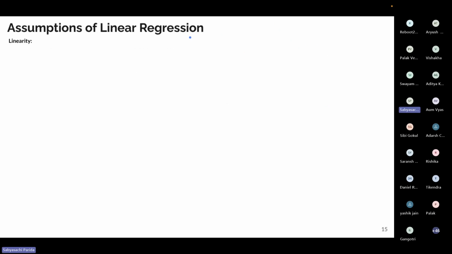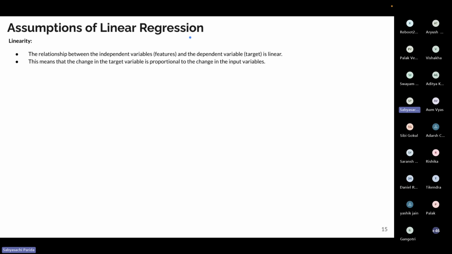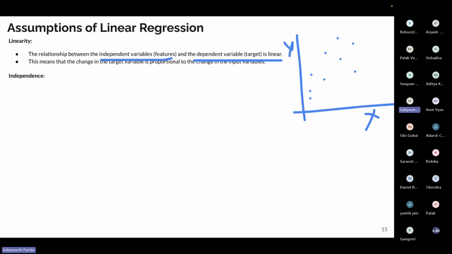For that, there are various assumptions which we need to follow. For any linear regression, the relationship between the independent variables and the output variable needs to be linear. That means for y and x, it needs to be a linear graph. It cannot be a non-linear graph, like this or like this.